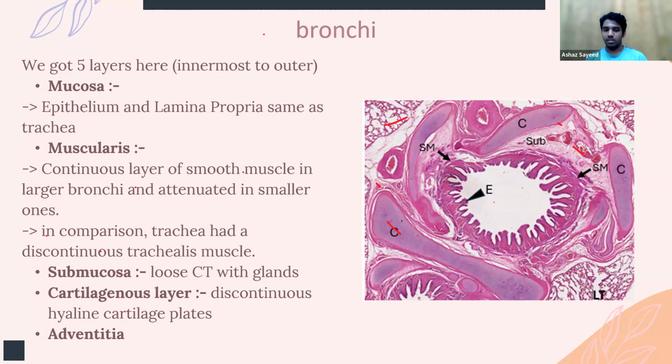People might confuse this and say submucosa is the fourth layer, but no, submucosa comes after. First is mucosa, then muscularis, then submucosa. And then after that comes your cartilaginous layer, which has discontinuous hyaline cartilage plates, and then we have your adventitia.